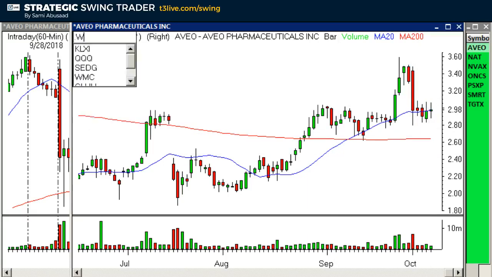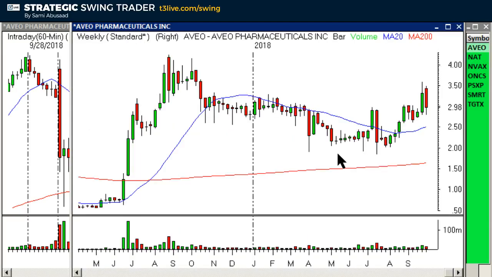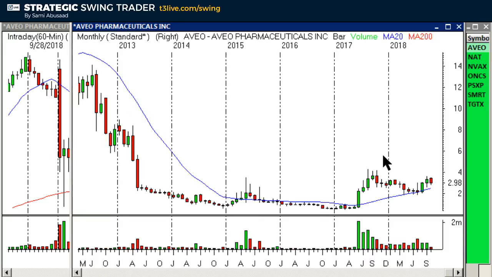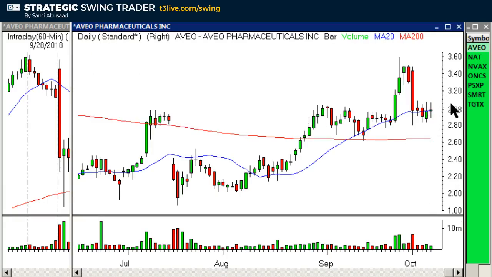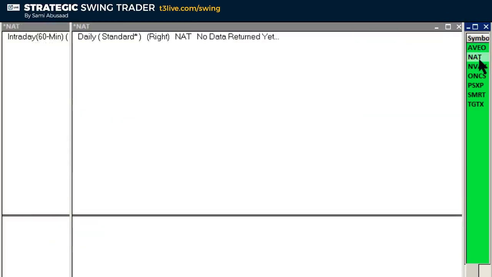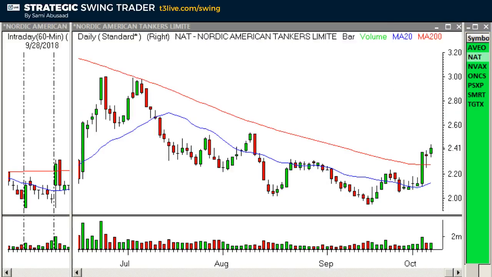I like it higher because the weekly looks good to me, the moving average just started to curl and point up. Monthly looks good still, but we do need to take out the base. And if we break under the base, then completely ignore. I wouldn't want to touch it.